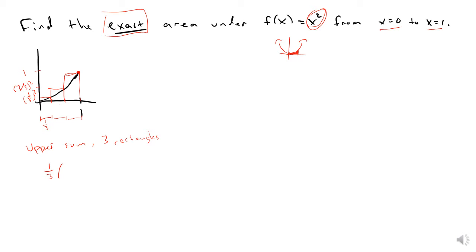And actually, to help us see where our general formula is going to come from, I'm going to write this as 3/3, which is the same thing as a 1. 3/3 squared. All right, so 1/3 squared, 2/3 squared, 3/3 squared.